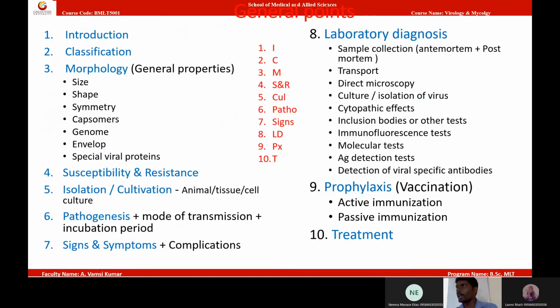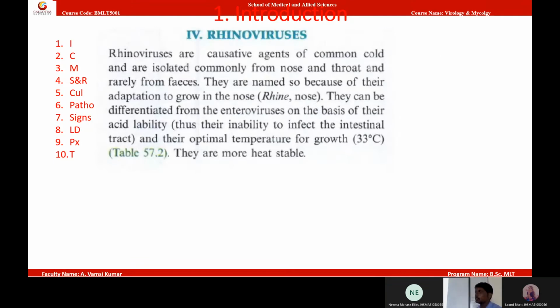then write introduction to rhinovirus, everyone. Rhinovirus will cause common cold. Its target organ is nose.